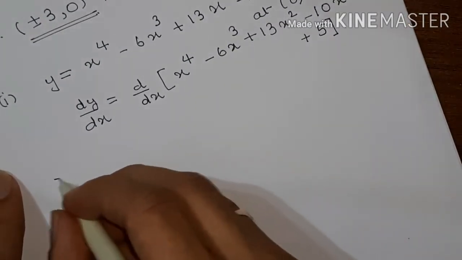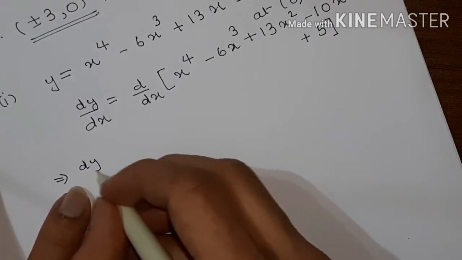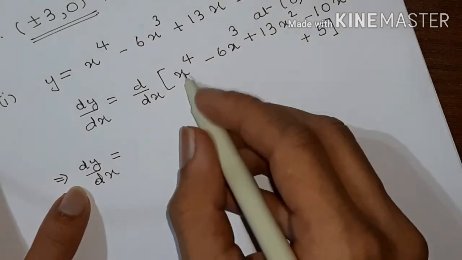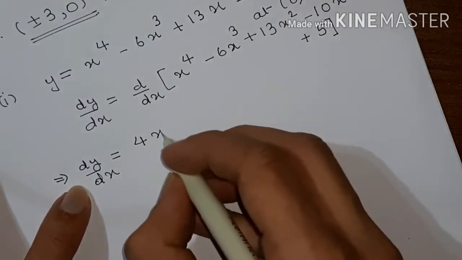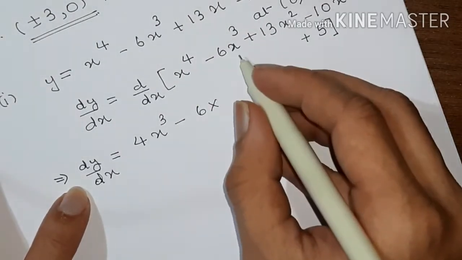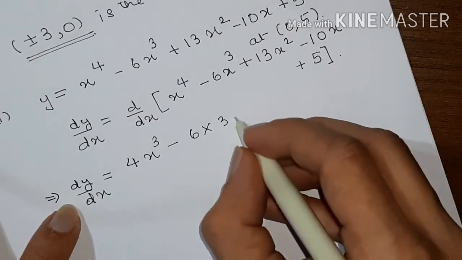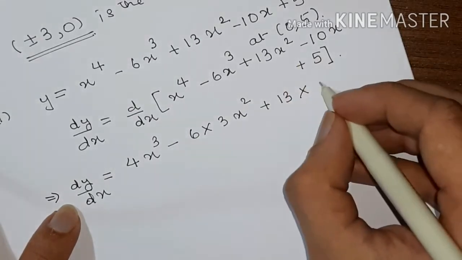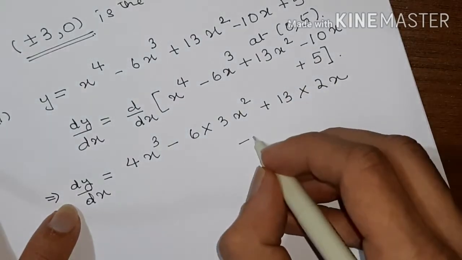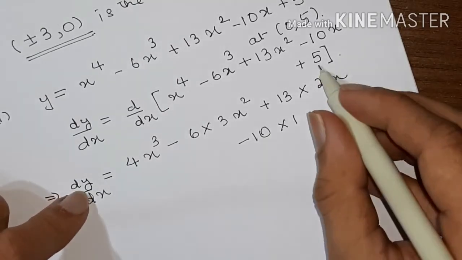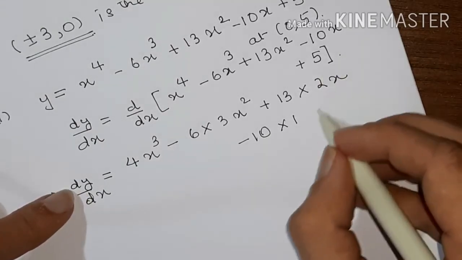So dy by dx is equal to the derivative of x raised to 4, which is 4x cube, minus 6 times the derivative of x cube, which is 3x square, plus 13 times the derivative of x square, which is 2x, minus 10 times the derivative of x, which is 1, and plus the derivative of 5, which is 0.